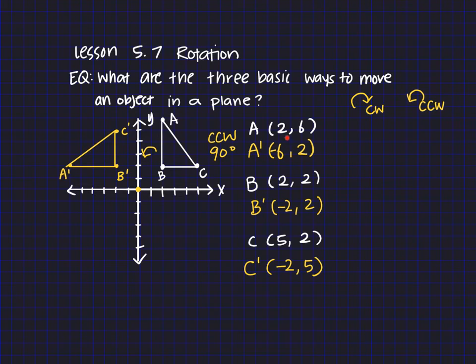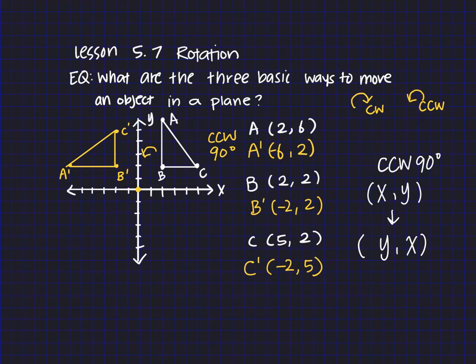If you look at the numbers, what you're going to realize is that the A, the original, and the prime, they swap their places. And then as they swap their places, their x value is going to change its sign from positive to negative. So the first pattern that you're going to see is this. For counterclockwise 90 degrees, you're going to see that your x and y coordinates are going to change into y and x.